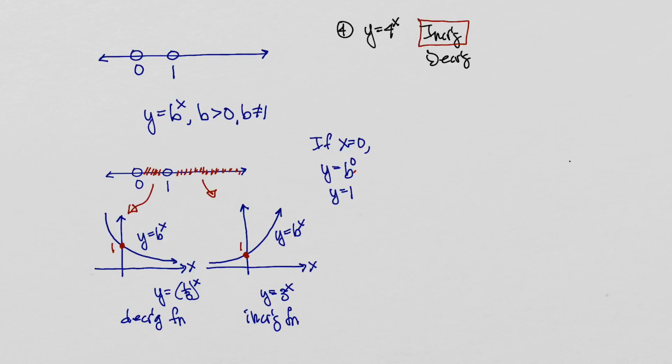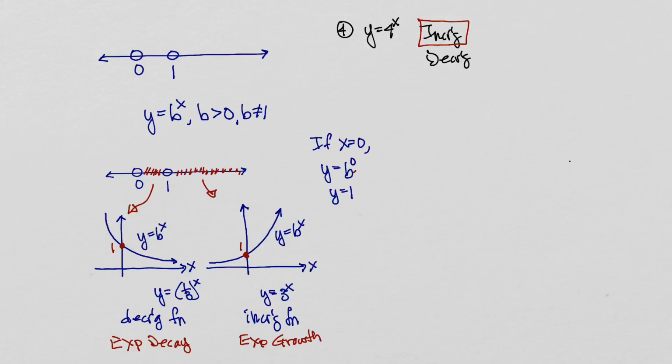Now, I'm going to go back down to these functions at the bottom left here. If it's a decreasing function, we have a name for that. That is called exponential decay. Decreasing functions are called exponential decay functions, and increasing functions, like this one here, are called exponential growth functions.